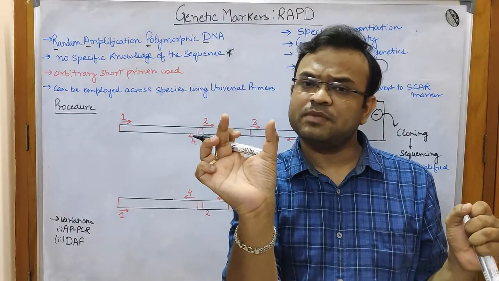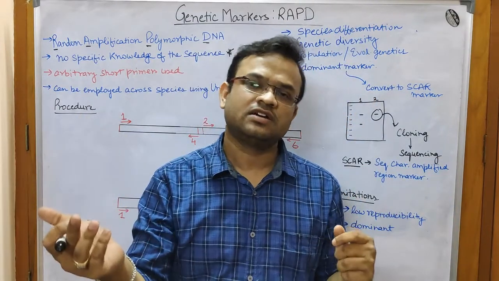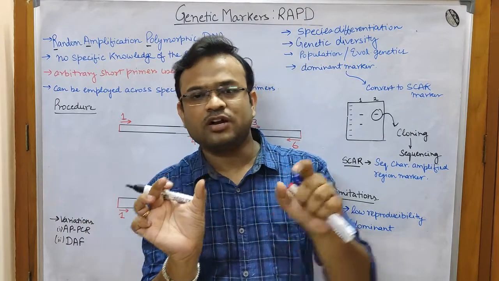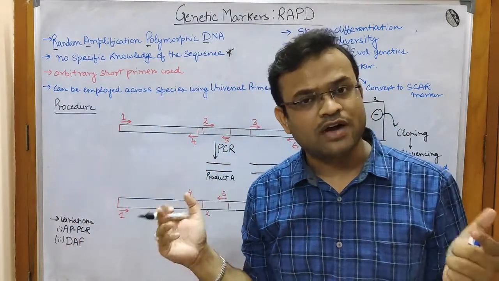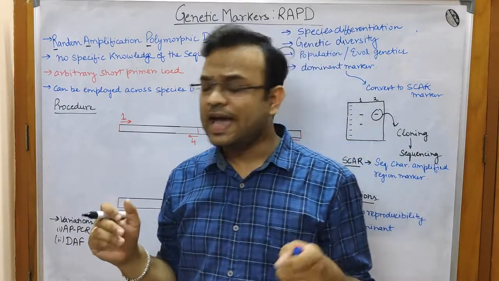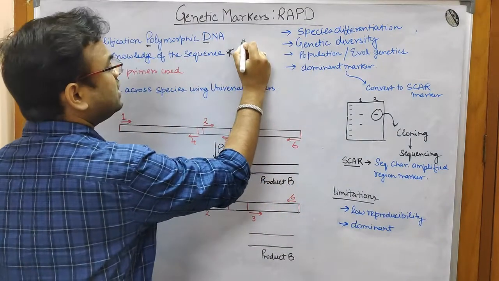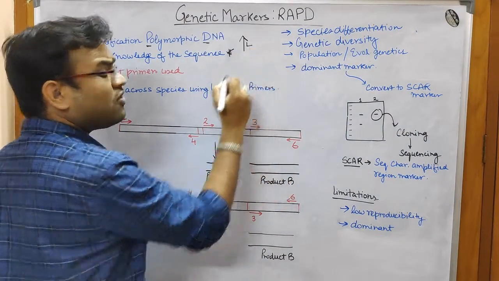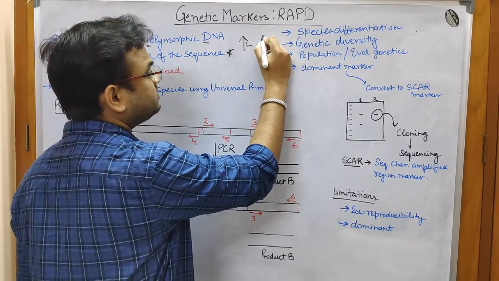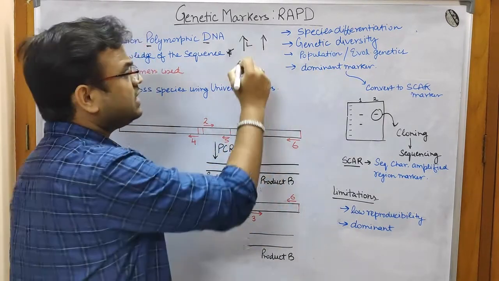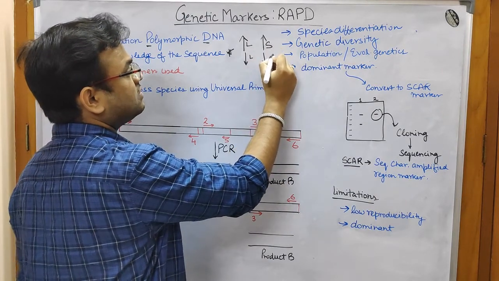But if the length of the primer is less, then what will happen? There would be high chances of this particular primer binding to any region of the DNA fragment that you have with you, right? So as you increase the length of the primer, the specificity increases, and once you decrease the length of the primer, the specificity decreases, right?